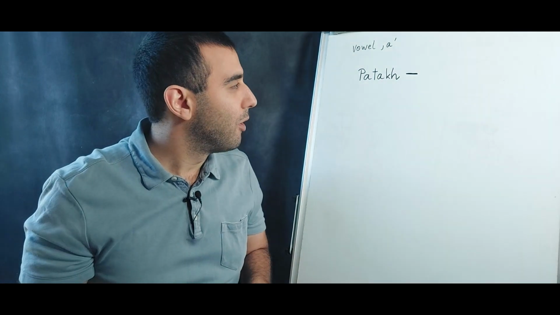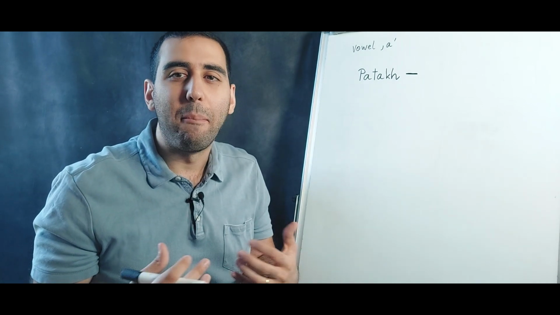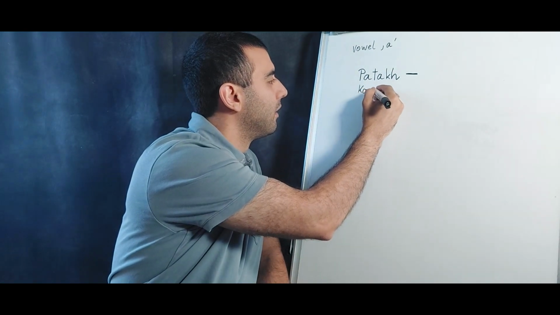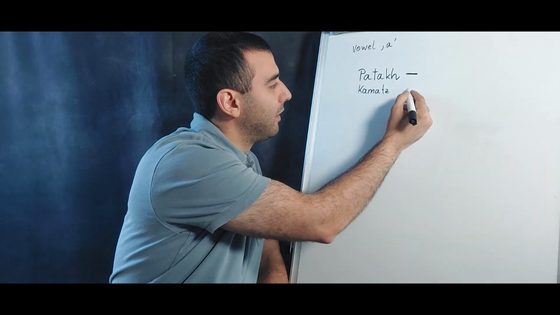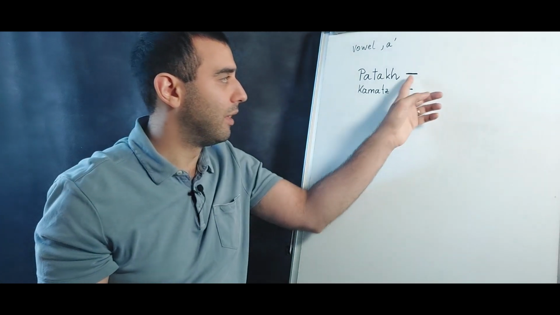And the second vowel we will take a look at, or actually it's not a second vowel, it is just a second form to write it. It's called the Kamatz. And you write it like a small T. So it doesn't just end with the line.